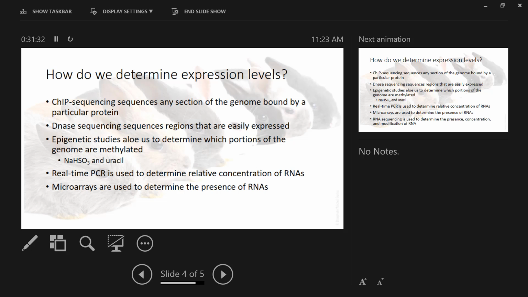But here's where microarrays come in. Microarrays, we've already talked a little bit about these. These can give you a little bit better idea of a quantitative amount of the RNA that's being produced. Because if you've got several of the same probes on the same chip, let's say you have 500 of the same probe, and all of them bind to your target RNA, now you're like, we've got a lot of that RNA, right?